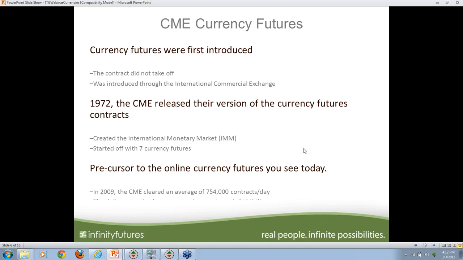And in 2009, the CME cleared an average of 754,000 contracts per day. Somehow this ended up getting cut off, but I believe it is $100 billion that are traded on the CME in currencies every single day.